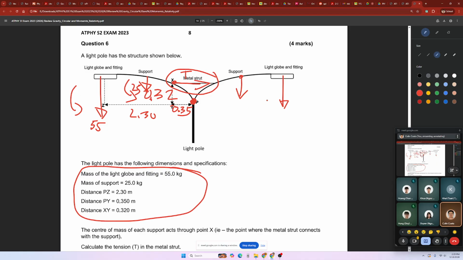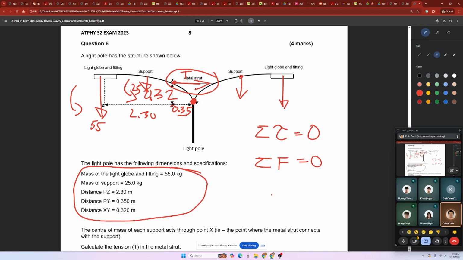And as you guys know, for any kind of equilibrium or moments, there are two situations. We can do sum of the torque equal to 0, where clockwise and anti-clockwise moments balance each other. And the second one is sum of the forces are also 0.